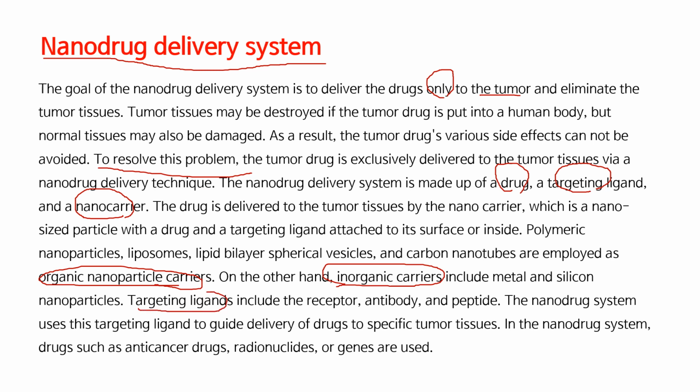Targeting regions include receptor, antibody, and peptide. The nanodrug system uses the targeting region to guide the delivery of the drugs to specific tumor tissues. In the nanodrug system, drugs such as anti-cancer drugs, radionuclides, or genes are used.